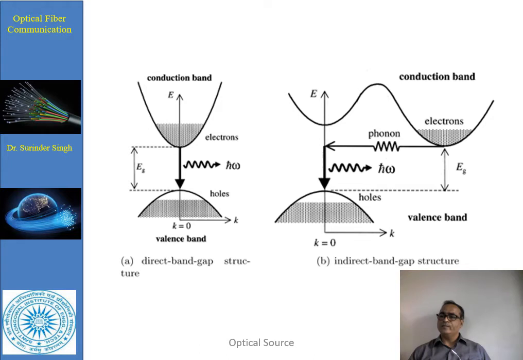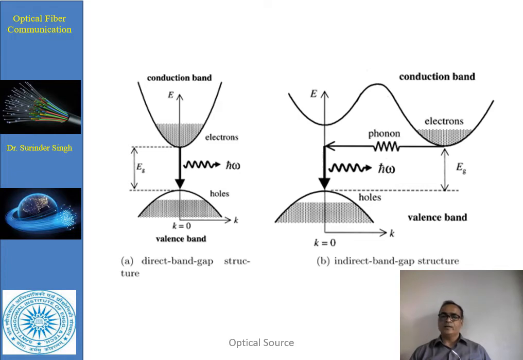So here, the energy required in order to liberate this photon is this phonon energy plus this band gap energy; both energies are required. In another way, we can say the photon energy is the indirect band gap energy plus or minus the phonon energy which is required.